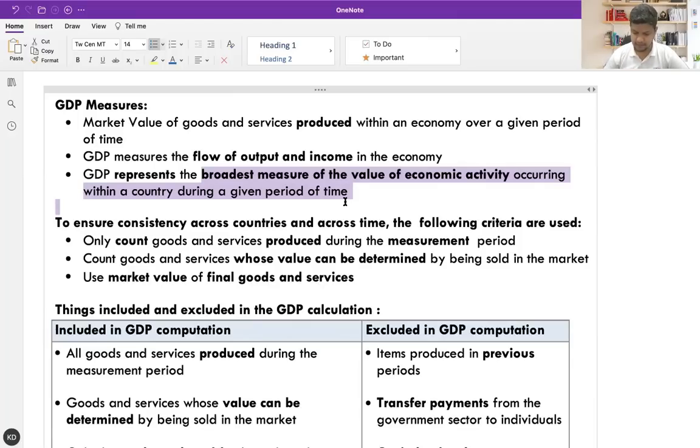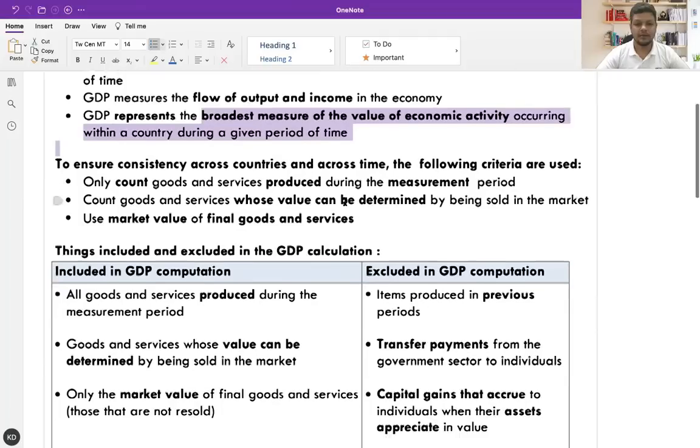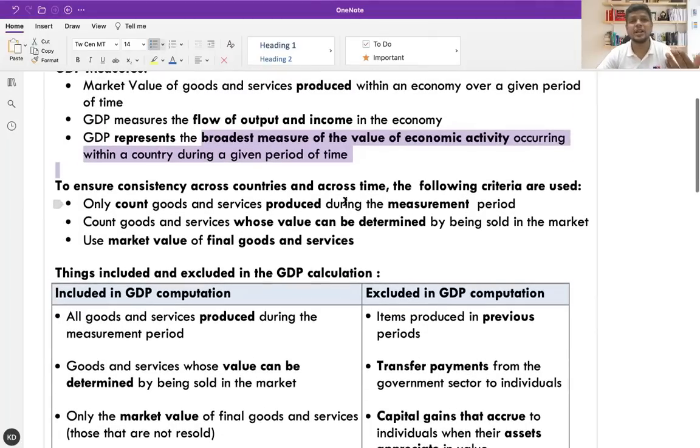Now, there are some important things that we need to consider while calculating the GDP of the economy. And before I proceed, let me tell you, there is not an exact way, and every country has differences in their method of calculation also. So it's not completely perfect. Remember that.